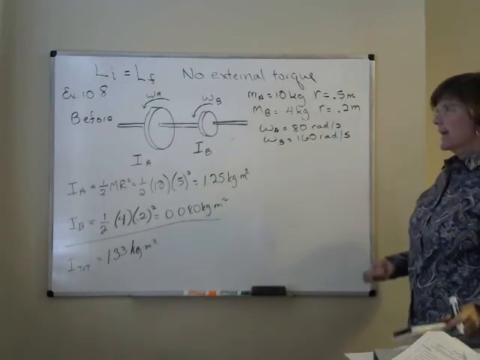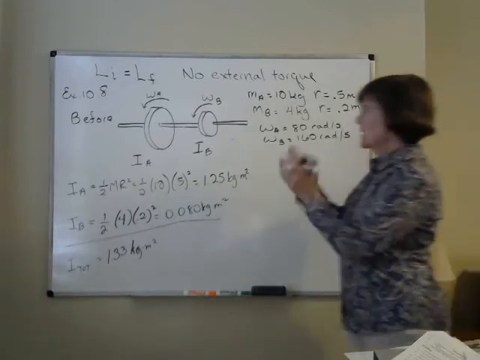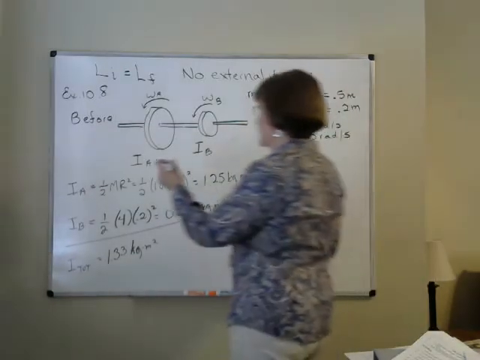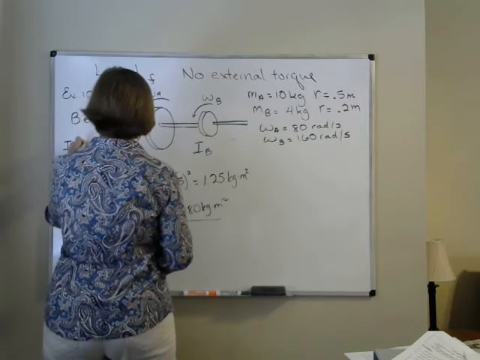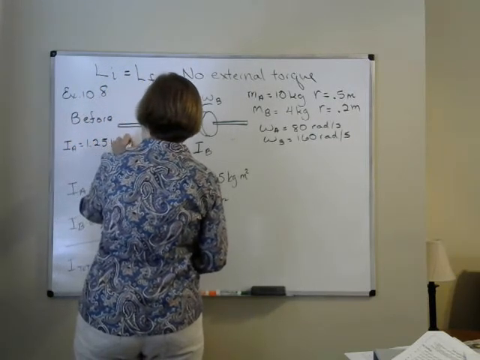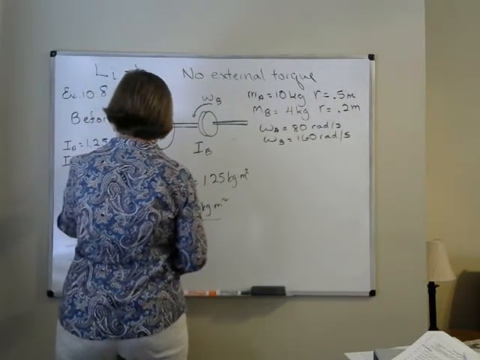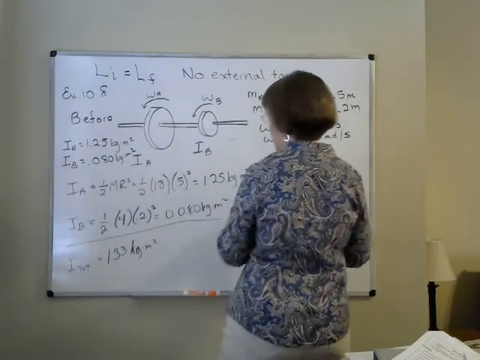Let's see how fast the system will be going afterwards if these now come into contact with each other. So let me write everything down so we have a little bit of room. IA is 1.25, IB is 0.080.